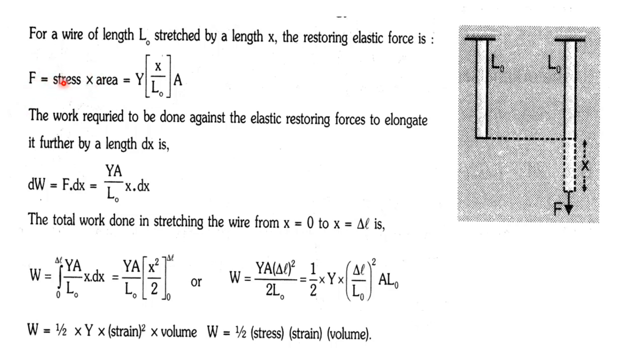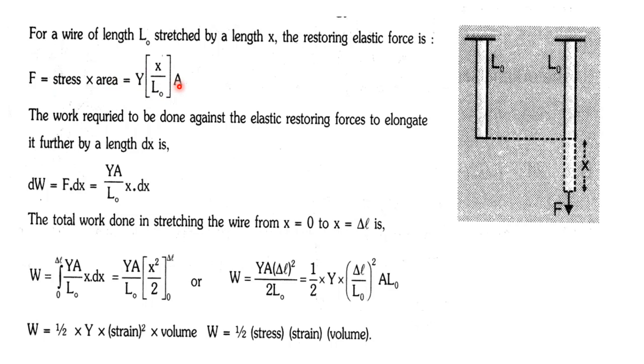So force is equal to stress into area, and we write the definition of stress in terms of Young's modulus Y into change in length. If you consider a wire of length L0, and under some deforming force it changes, the length increases by x, then we get Y into x by L0, original length L0, multiplied by A. So this stress is actually Y into x by L0, and this area is taken as A.